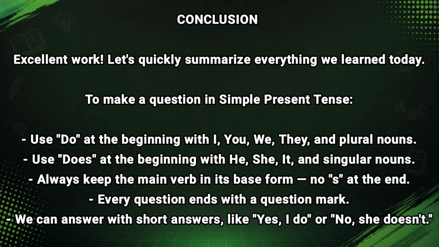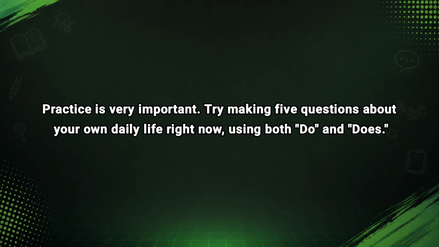No s at the end. Every question ends with a question mark. We can answer with short answers like yes, I do, or no, she doesn't. Practice is very important. Try making 5 questions about your own daily life right now using both do and does.